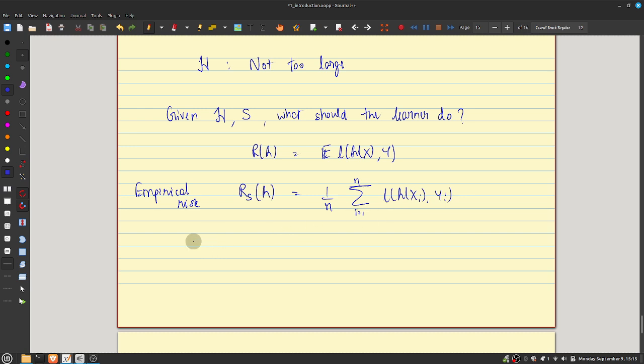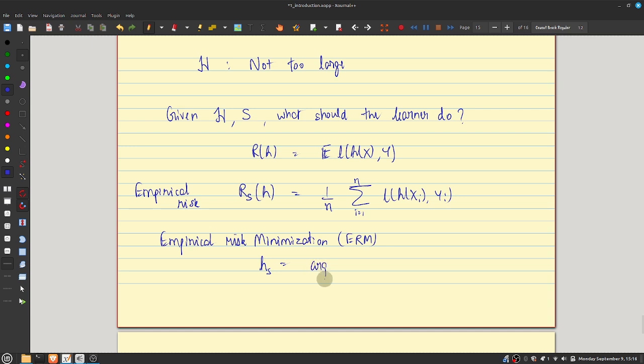And one way of choosing an h is the so-called empirical risk minimization principle, or ERM for short, which is, h_S is going to be the argmin over h in H of the empirical risk.